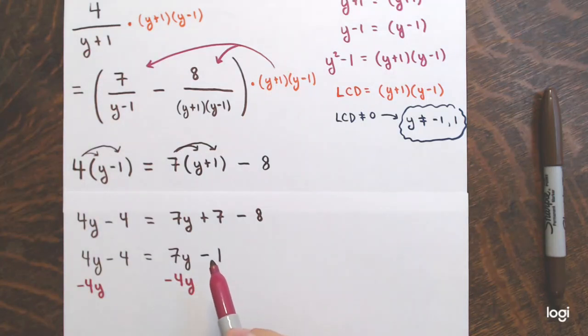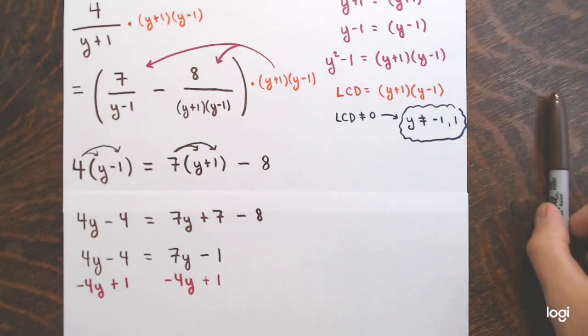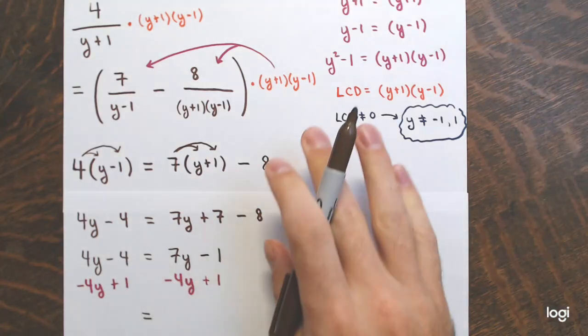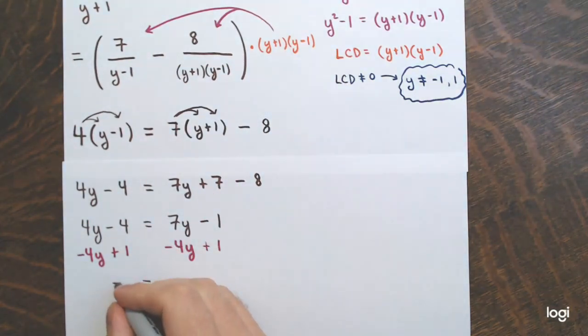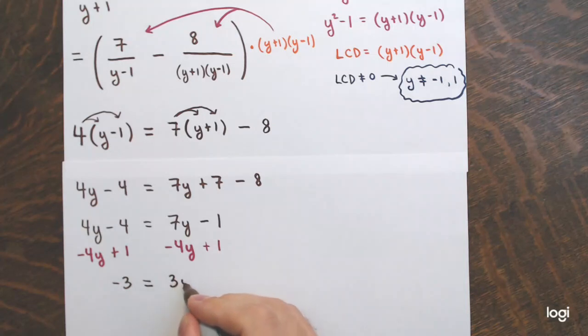And then take all the constant terms, the terms without y, to the left side. So the negative 4 will stay where it is, and I just want the negative 1 gone from the right side. That's negative 1, so I would have to add 1, and I would then add 1 to the left side as well. So simplifying, we've got negative 4 plus 1, negative 3, equals, and then 7y minus 4y is 3y.